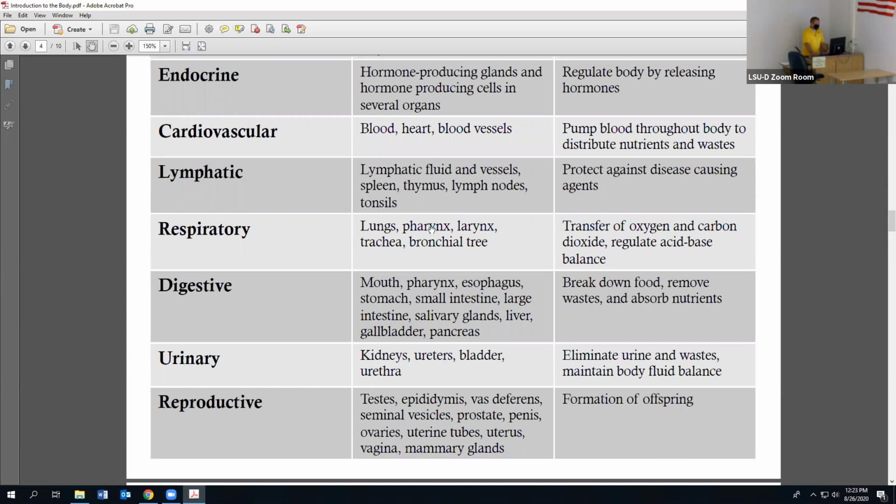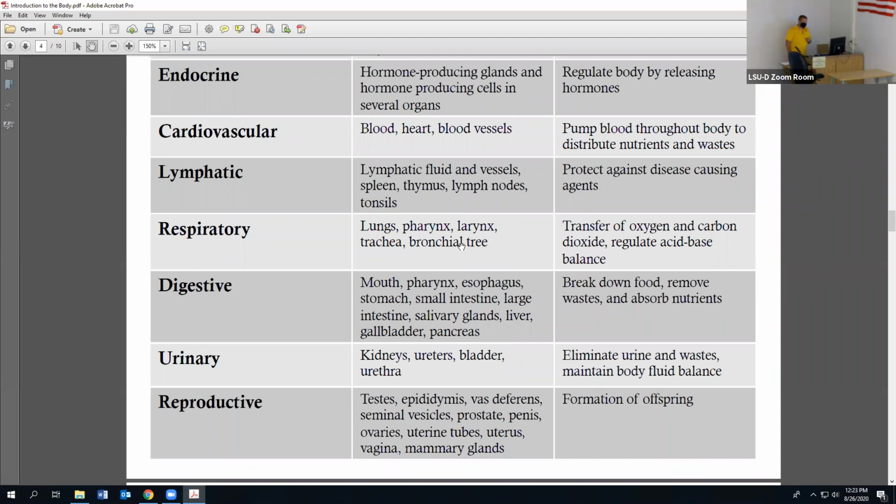And then on the far right is the absolute most brief general description of what that system as a whole does. This is just to introduce you to those systems and get an idea of what we're going to be studying as we really get to rolling this semester.